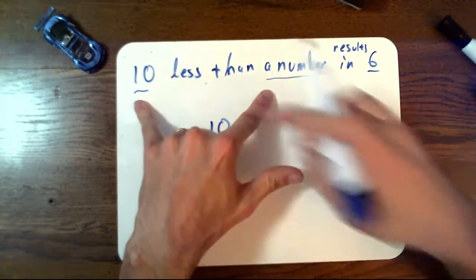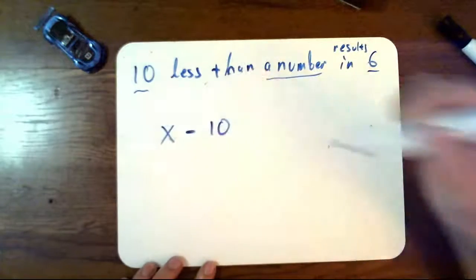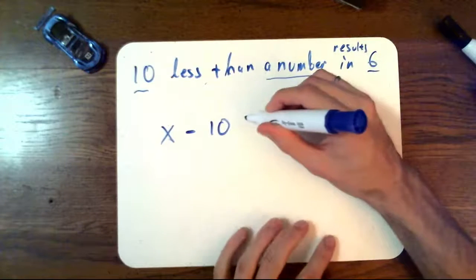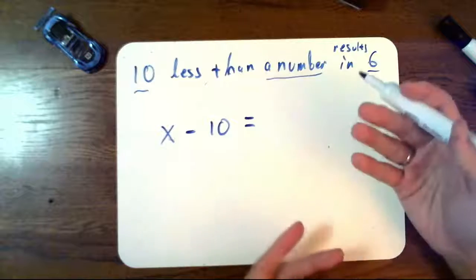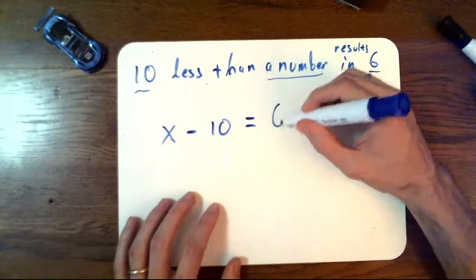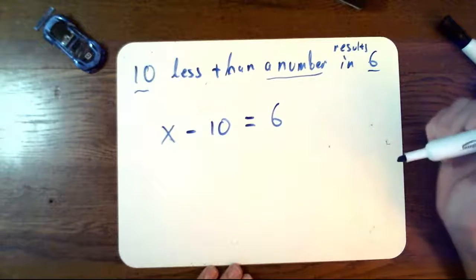These two are interacting by less than. Than means you switch the order. So we're starting with a number. We're taking 10 off. Results in, that has to be an equal sign. Results in, ends up as, yields in, phrasing like that. 6.